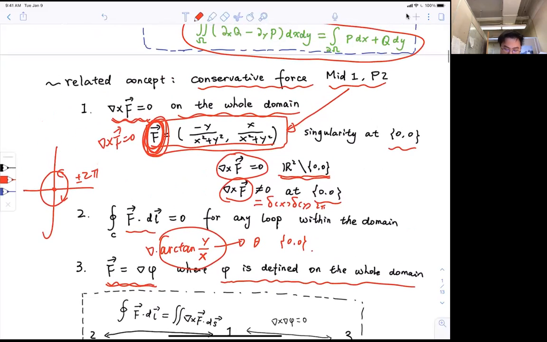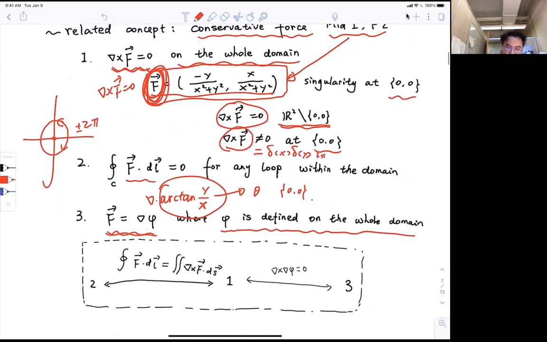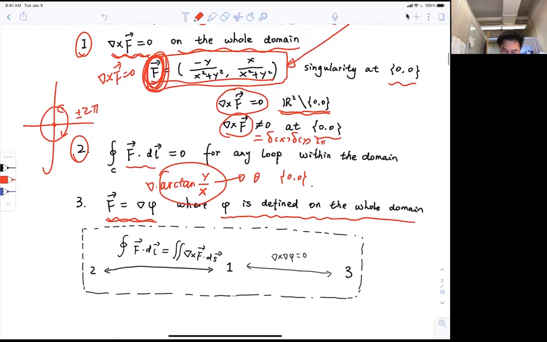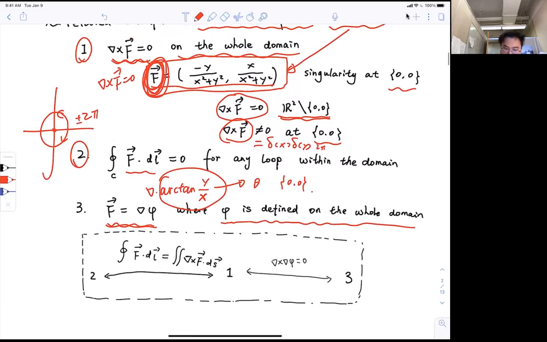Okay, so these three conditions must be equivalent, right? So for example, let's look at the first one and the second one. They are related by this Stokes theorem. Basically, if the curl of this force is 0, then this loop integral must be 0.